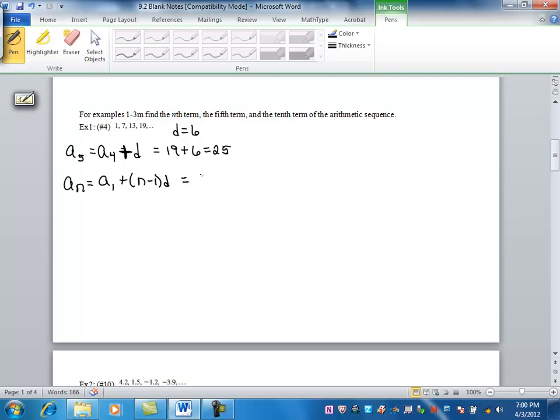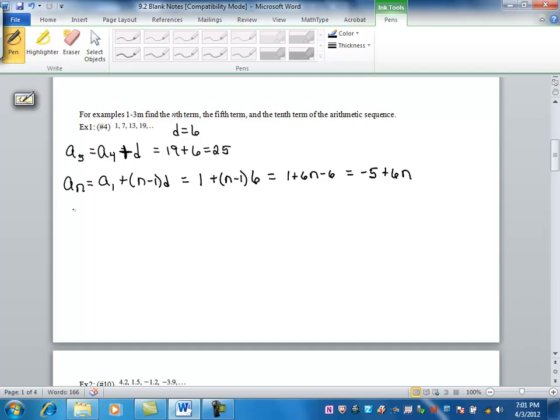My first term here is 1, plus n minus 1 times d, which is 6. If we simplify this, we get 1 plus 6n minus 6, or negative 5 plus 6n. That would give me my nth term.